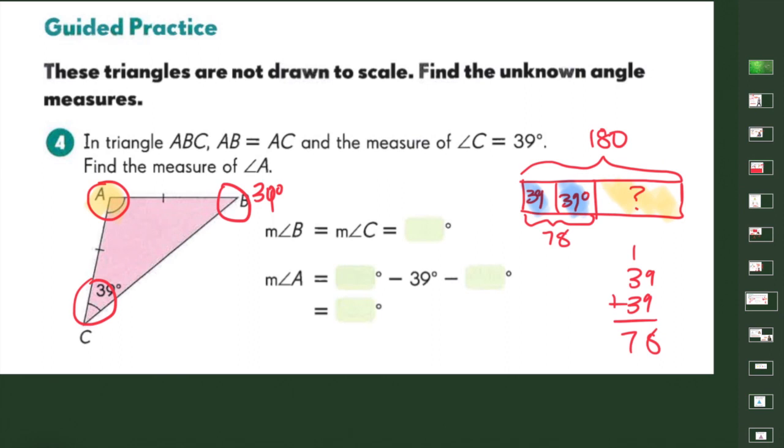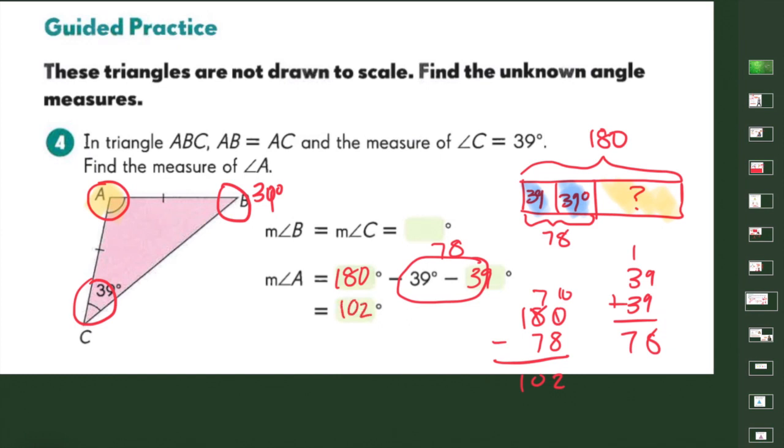So to find the angle measure of A, I could take 180 minus 39 minus 39. I know that this amount is 78, so I'm going to take 180 minus 78, and the missing angle measure would be 102 degrees.